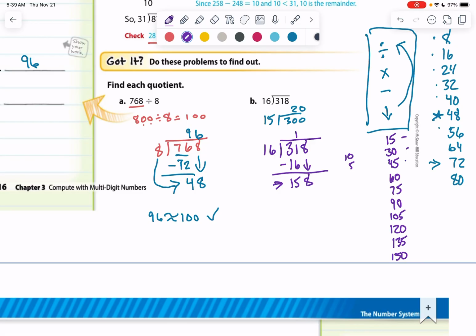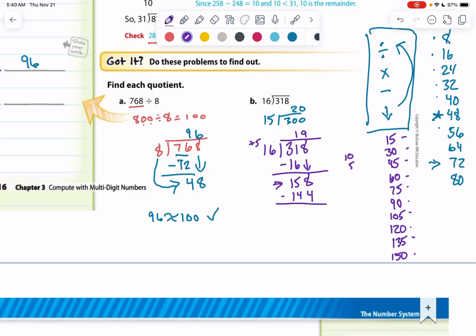That's 1, 2, 3, 4, 5, 6, 7, 8, 9, 10. Oh, let's go for 9. 9 times 6 is 54. So the 5 is up, the 4 is down. 9 times 1 is 9, plus my 5 is 14.